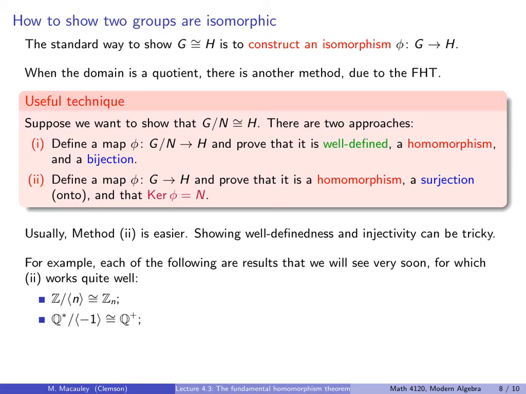Here's one that you'll do on your homework. If you take the rational numbers under multiplication and you get rid of 0, that's what Q star is, the rational numbers without 0 under multiplication, and then you quotient out by the subgroup generated by -1. Under multiplication, this subgroup is just 1 and -1.